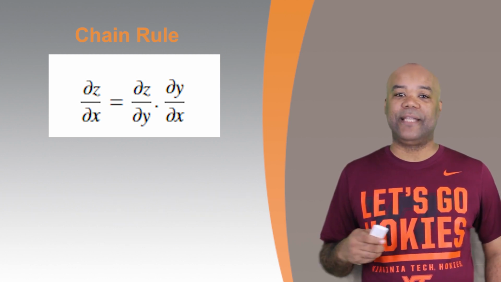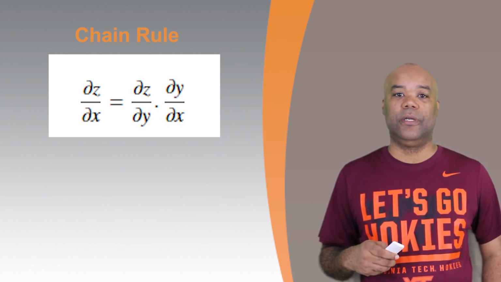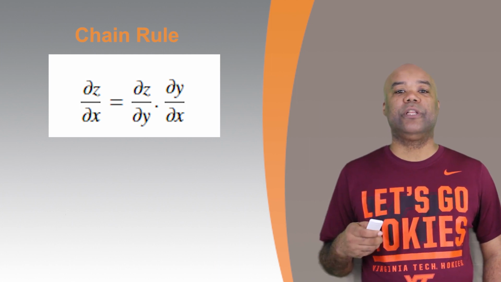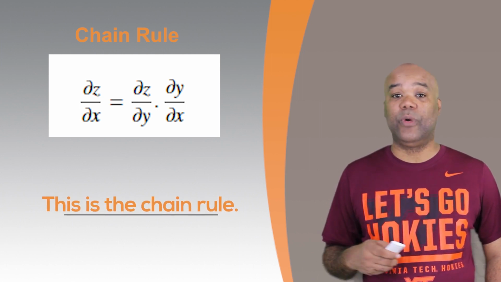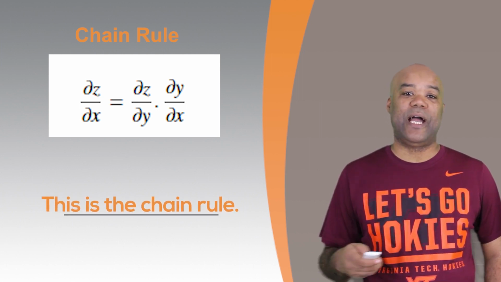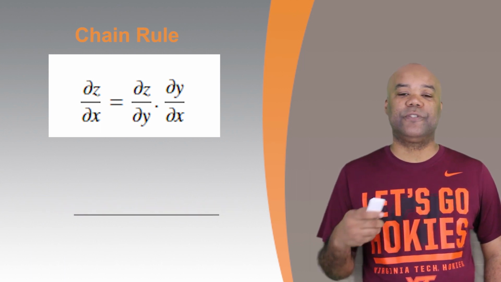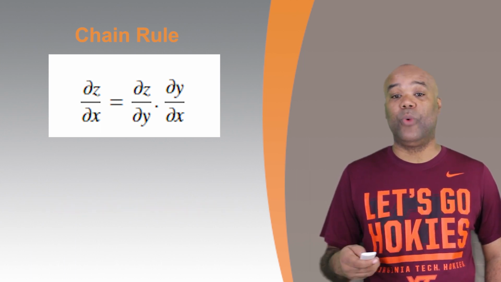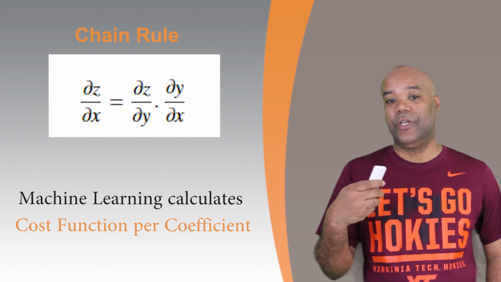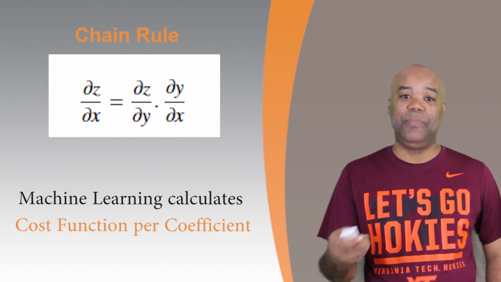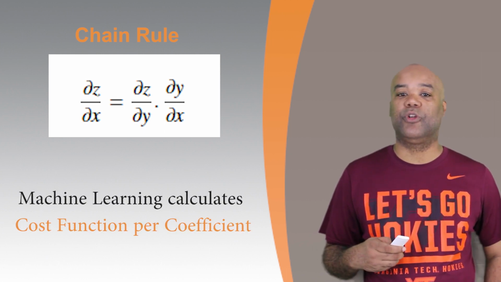That is the chain rule. In machine learning, we're going to use the chain rule in a similar way. Instead of miles per hour, it's going to be the cost function per weight, which relates to M and B. I'm assuming that we have multiple coefficients.